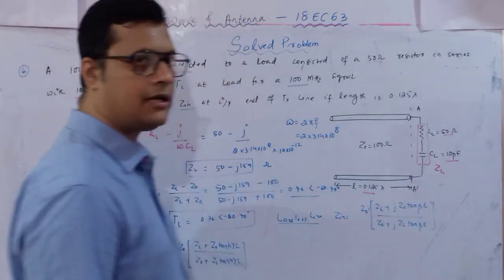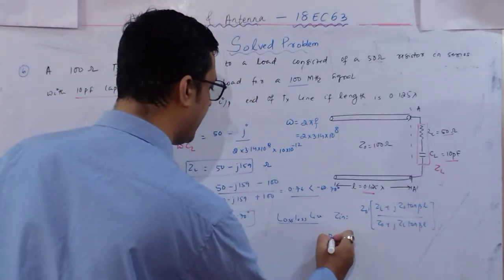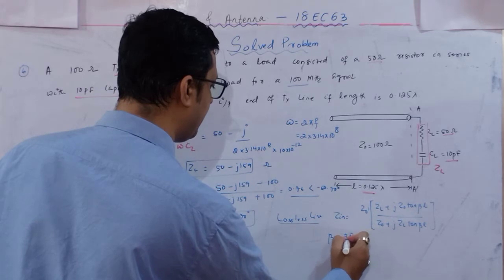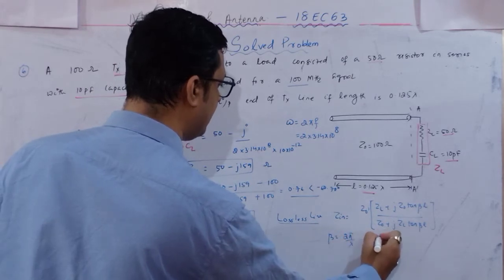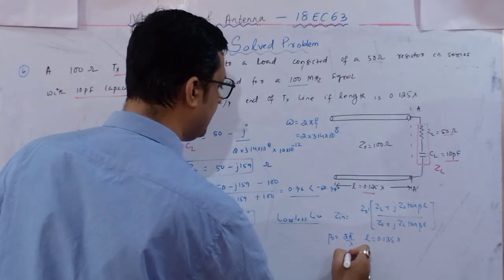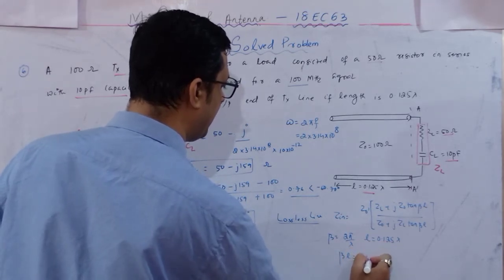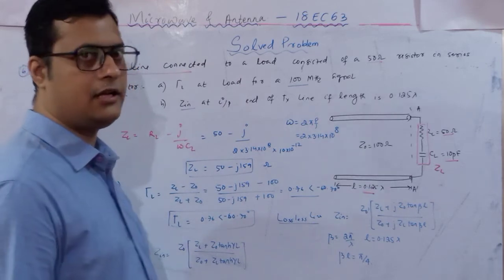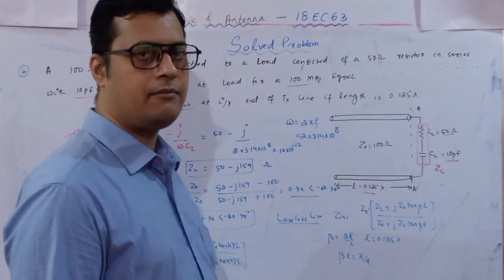Now what is beta? Beta is equal to 2 pi by lambda. What is the length? 0.125 lambda. Multiply these two, you will get pi by 4, that is 45 degree, which I have converted into pi by 4.